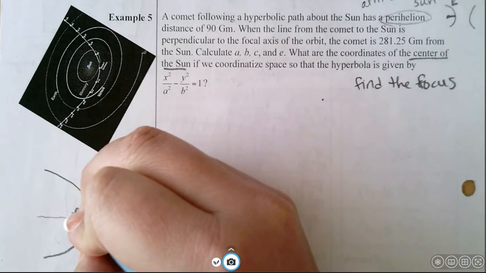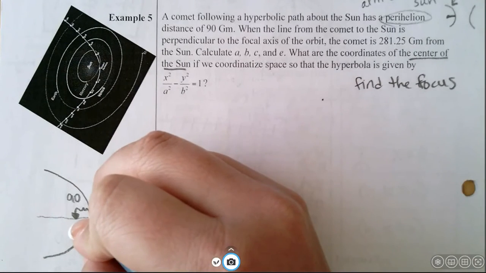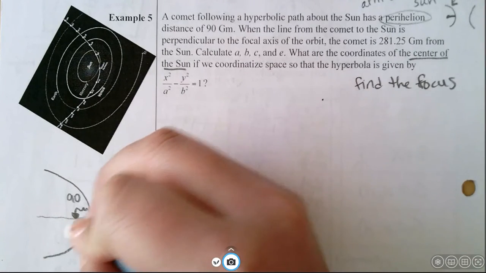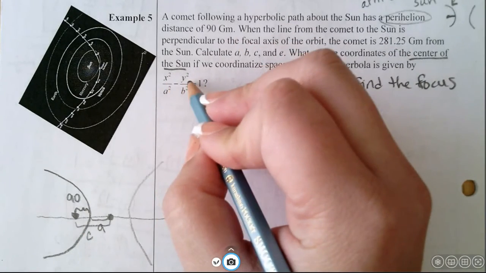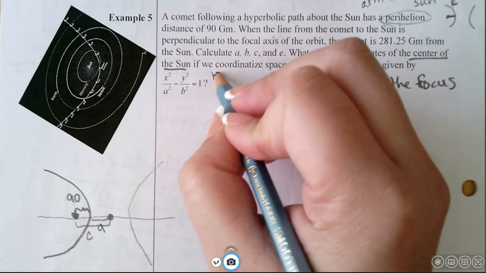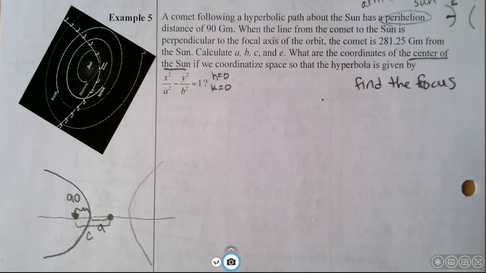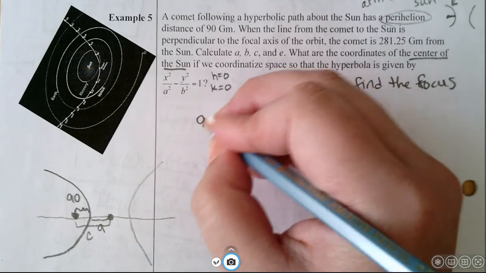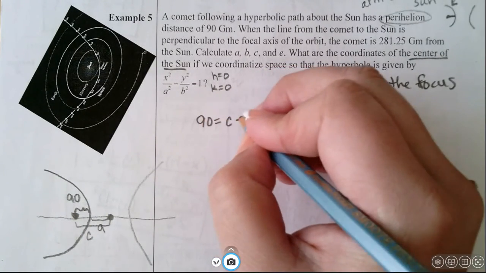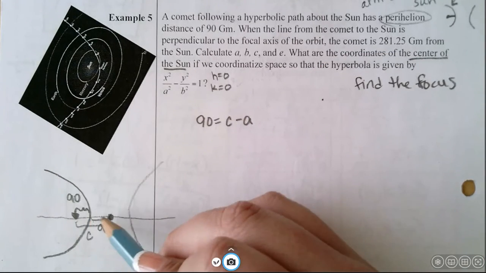Well, I know the distance here is 90. Here's my center. This distance is A. This distance is C. From our given equation, we're assuming that H is 0 and K is 0, which means that this distance, 90, equals C minus A. The difference in distances of C and A is 90.